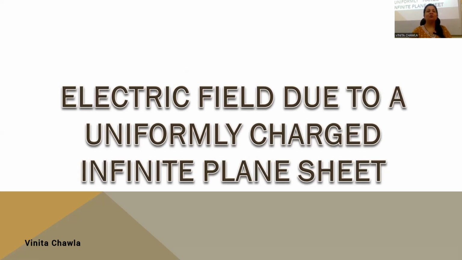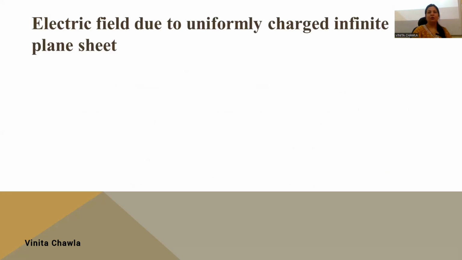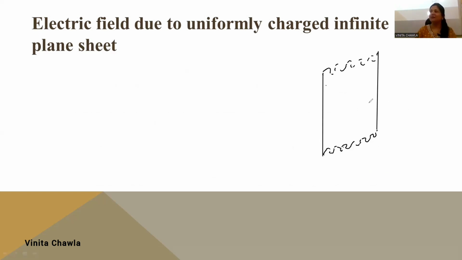Electric field due to a uniformly charged infinite plane sheet. So we have a long infinite plane sheet. Infinite means never ending. And we have to find the electric field intensity due to this. So we will draw it like this, which shows that it extends in both directions.